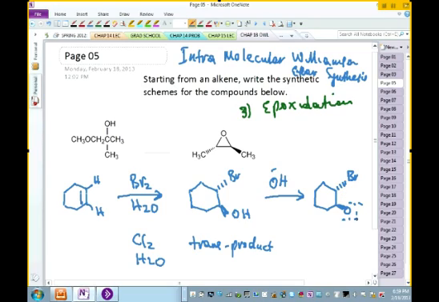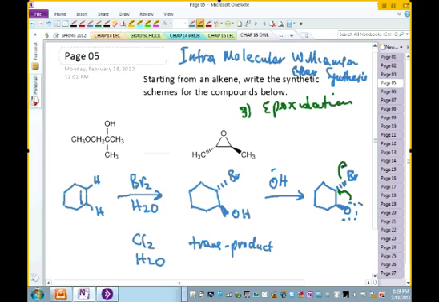So now that you form the alkoxide, what do you think will happen? Keep in mind we say intramolecular Williamson. What will happen? This oxygen now will undergo almost like an SN2 type reaction, displacing this here. Come here. Attack that carbon from the back.